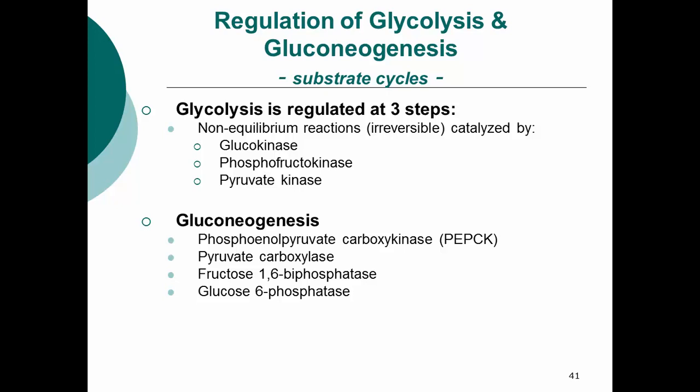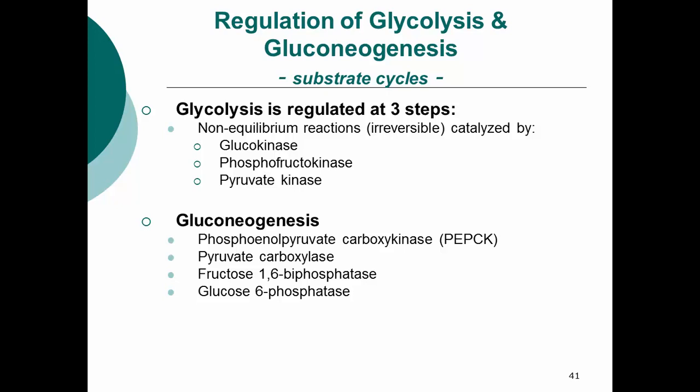Remember, there are three key reactions in the glycolysis pathway, right? And also four key enzymes in the gluconeogenesis pathway: PEPCK, pyruvate carboxylase, fructose 1,6-bisphosphatase, and glucose 6-phosphatase.